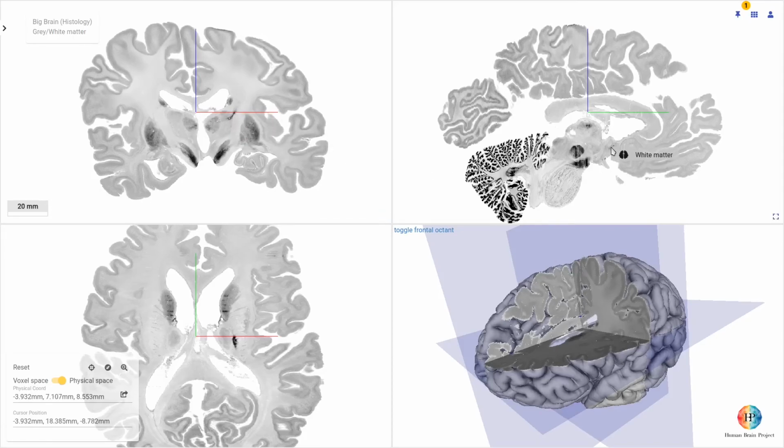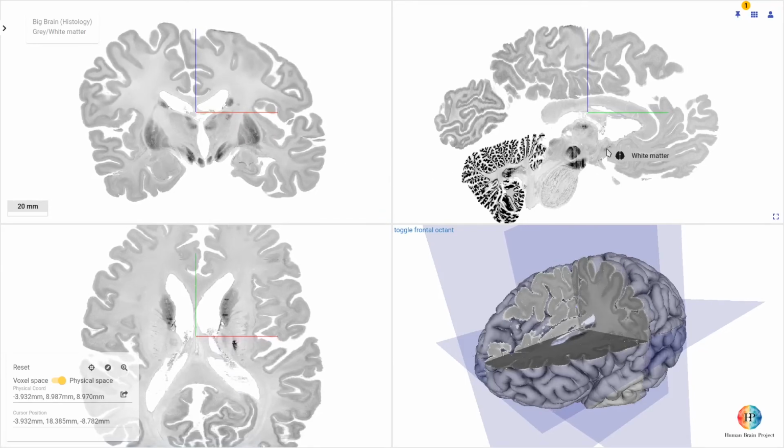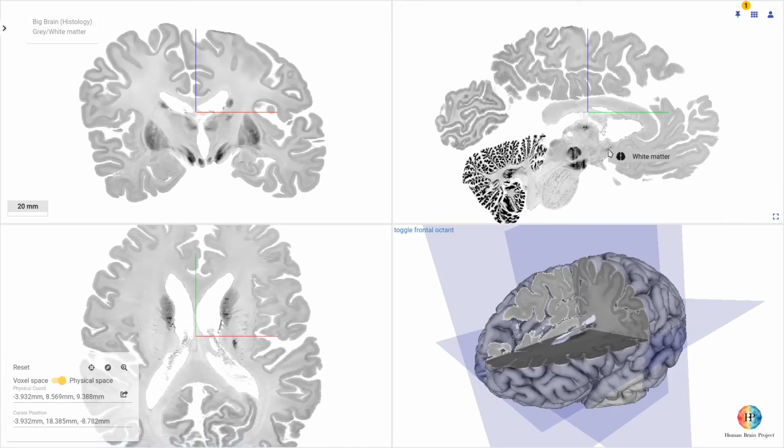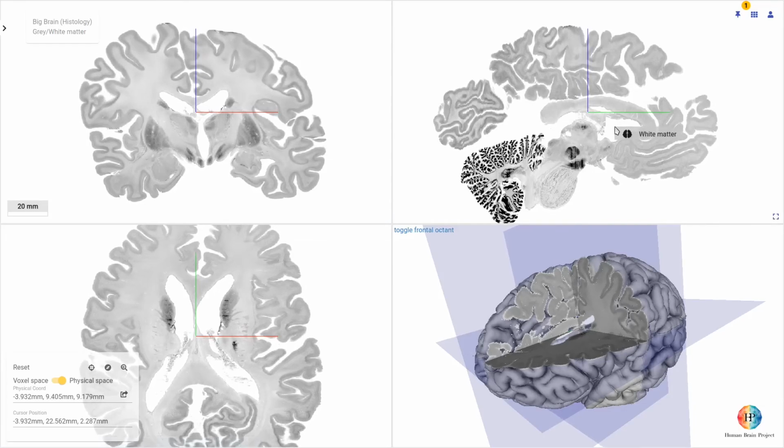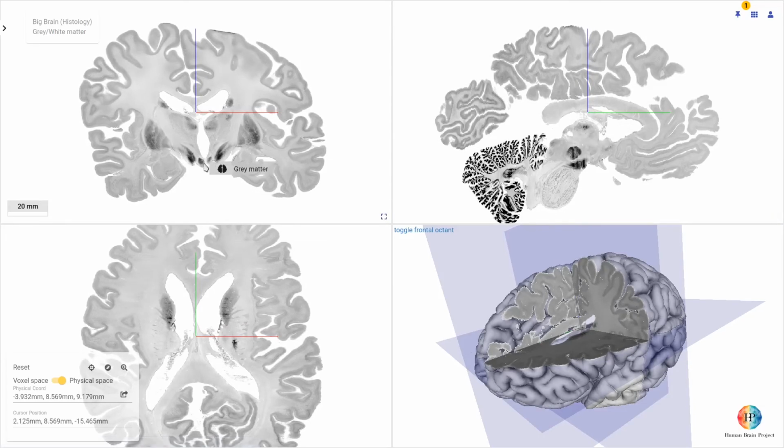Keep moving forward. So stop here. So the internal capsule is behind, and then you see these two round structures at the base of the brain. So these are the mammillary bodies. So this is hypothalamus. Okay, so mammillary bodies in front of the midbrain.